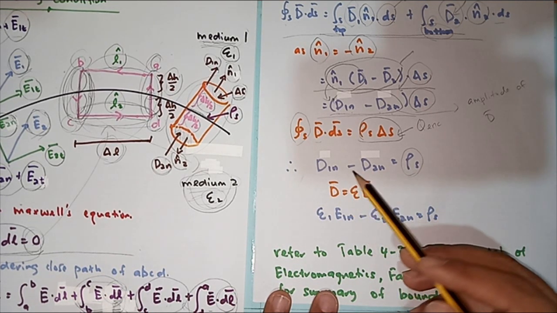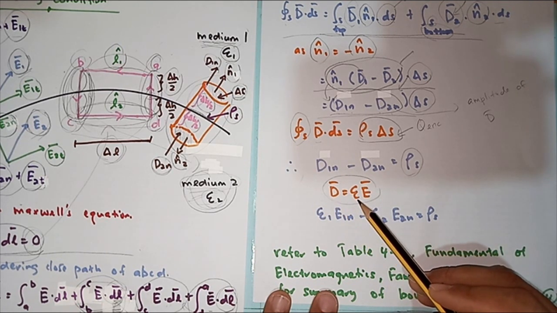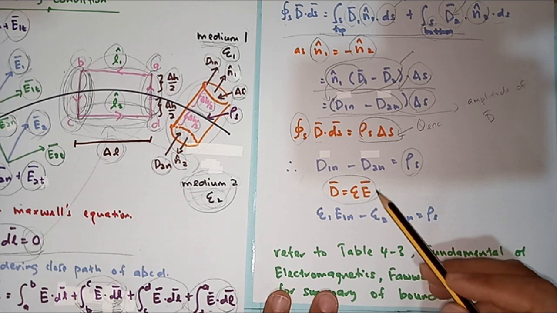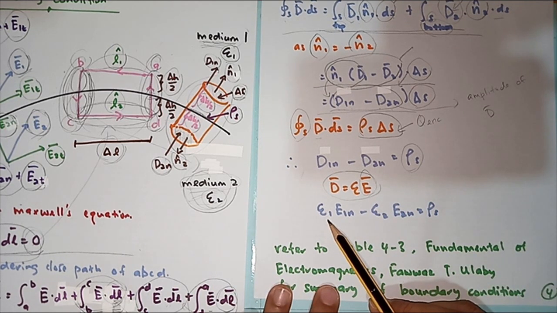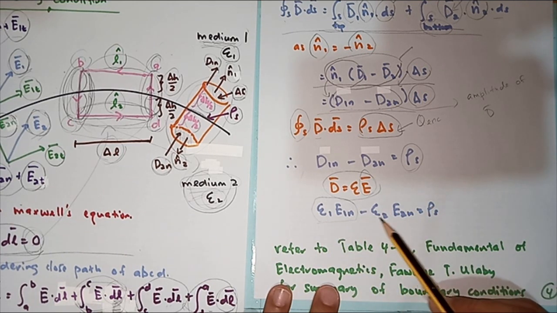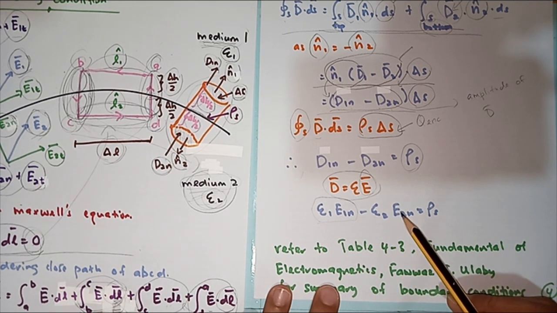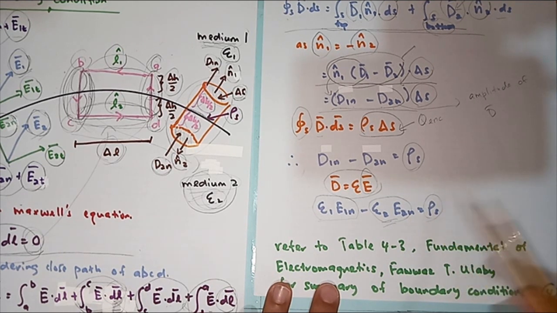If we consider this expression, whereas the vector D is equal to epsilon multiplied by the vector E, then we have epsilon 1 E1n, which is the electric field that exists in the first medium, minus epsilon 2 multiplied by E2n, which is the value of the electric field that exists in the second medium, equal to rho s.